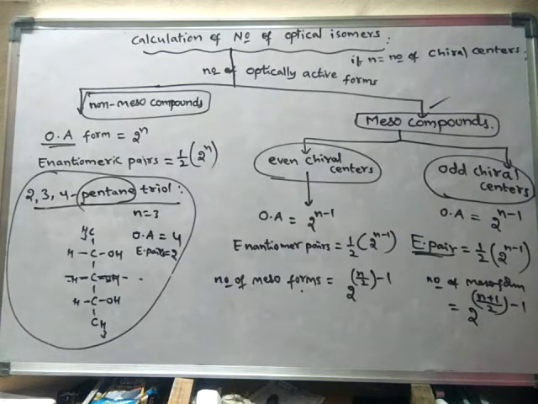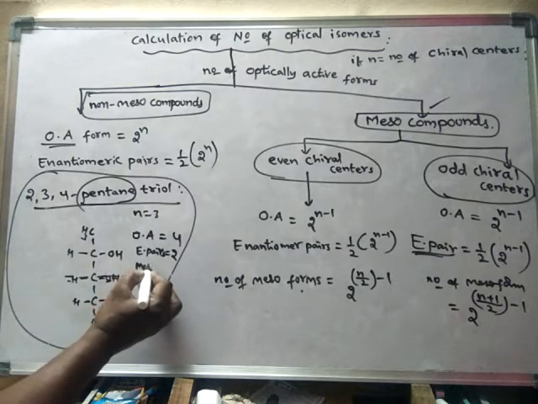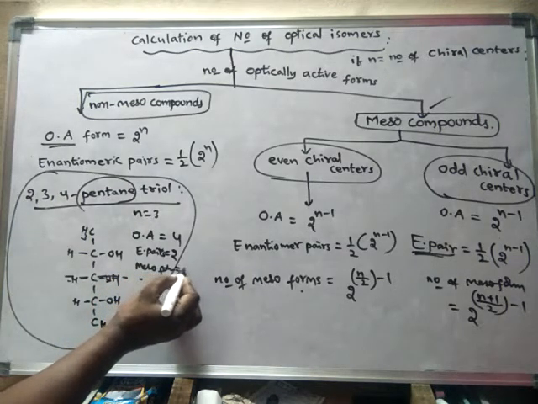Next, number of meso forms. How many meso forms are there? 2 meso forms are there. Already in the previous example we have seen that this compound is having 2 meso forms, and here it is having 2 enantiomer pairs. So meso forms are 2.